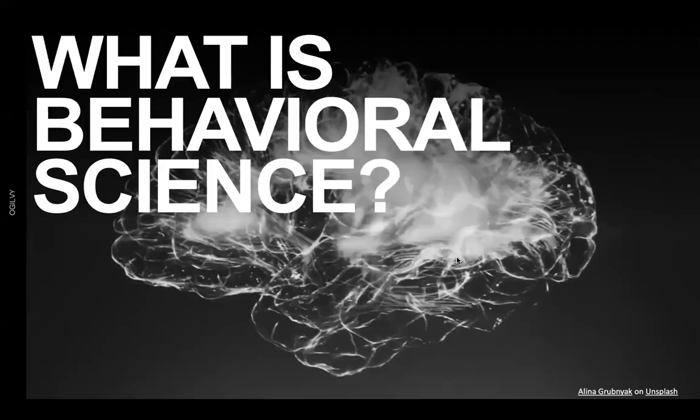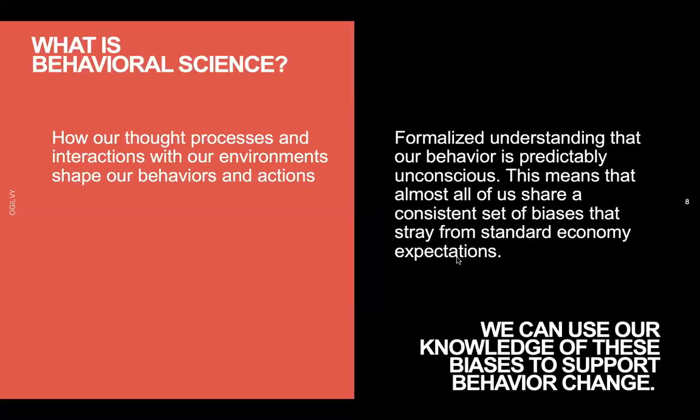So what is behavioral science? There's a few technical definitions, but two ways we like to think of it on our team is one, simply how our thought processes interact with our external environments and how that interaction shapes our behavior and actions.